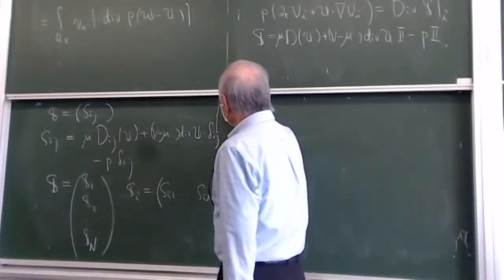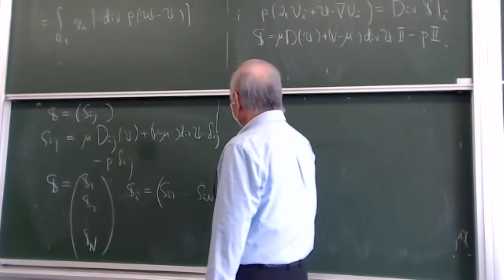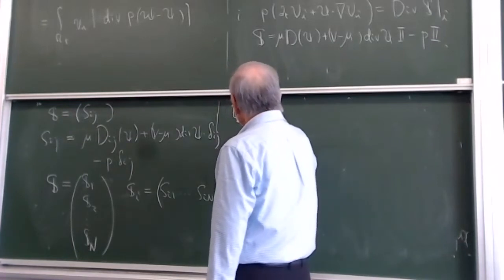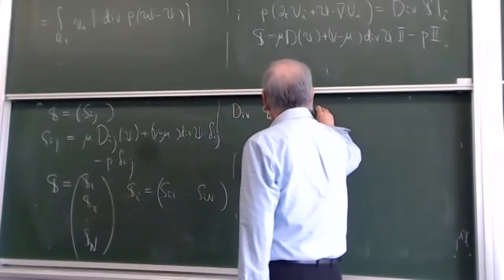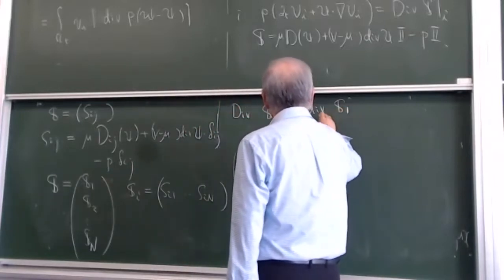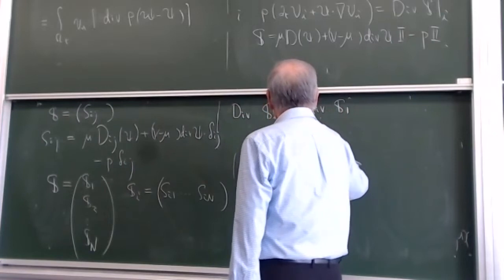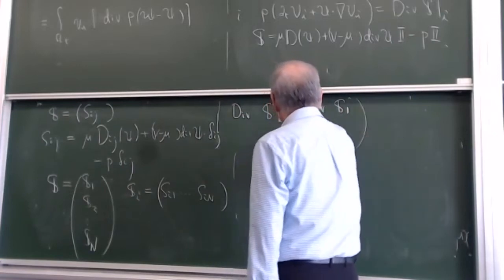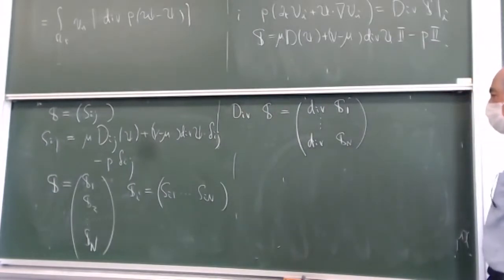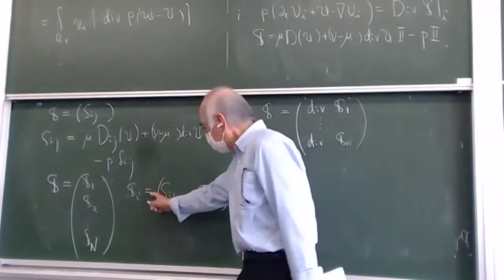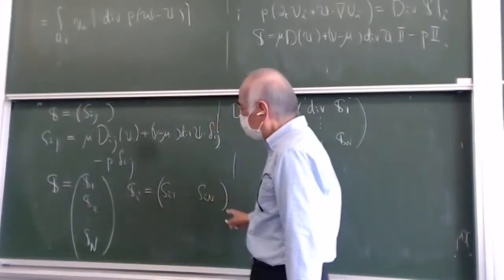S is from this divergence. Each Si is an n vector.